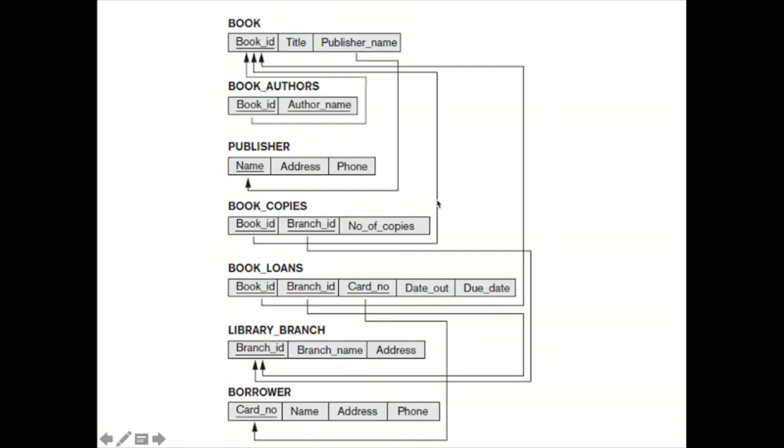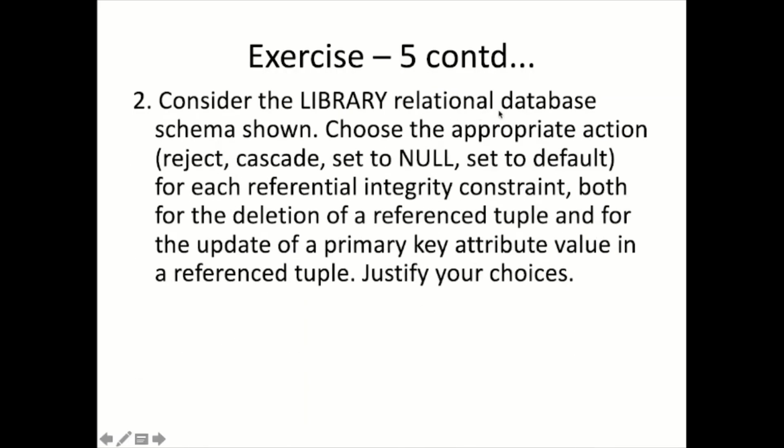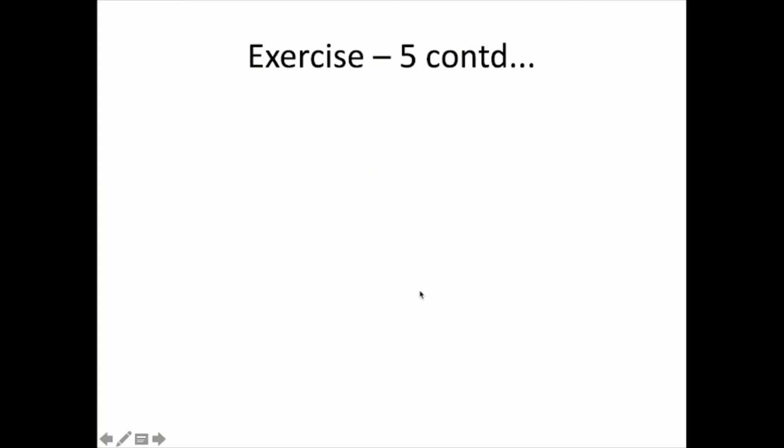Now we have to create these DDL commands. Consider the library relation and choose the appropriate action, like reject, cascade, set to null, set to default, for referential integrity constraints, both for deletion of a referenced tuple and for update of a primary key attribute, etc. You can justify your choices also. So try doing these two things.